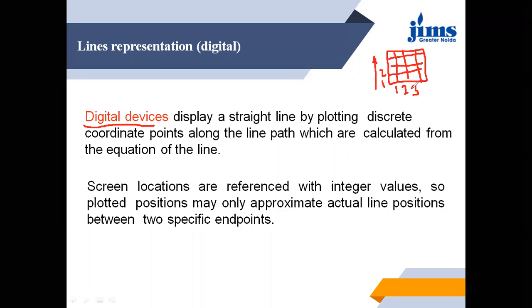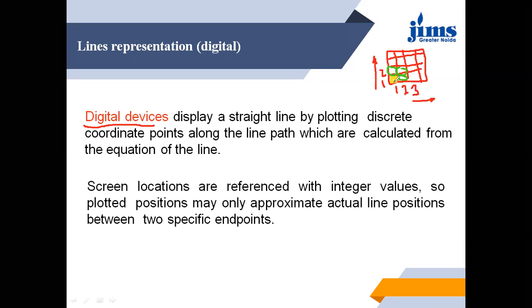When we have to draw any line, we can glow or highlight this pixel, and the next pixel can be this one, that one, or that one. These are three different possibilities.